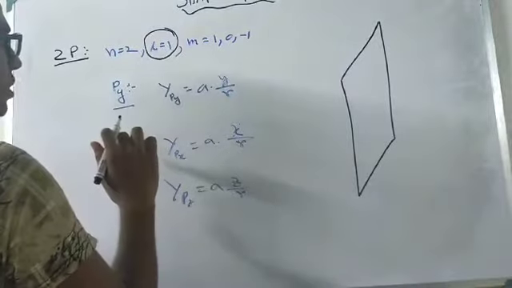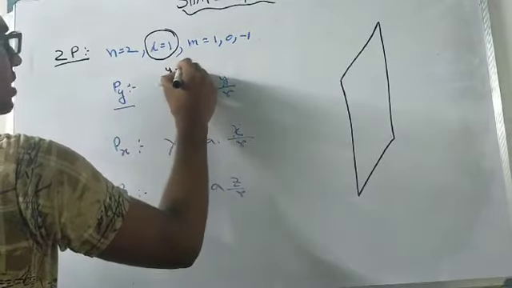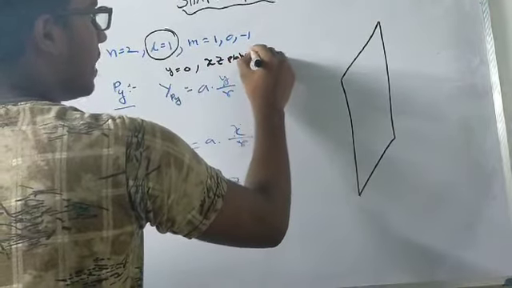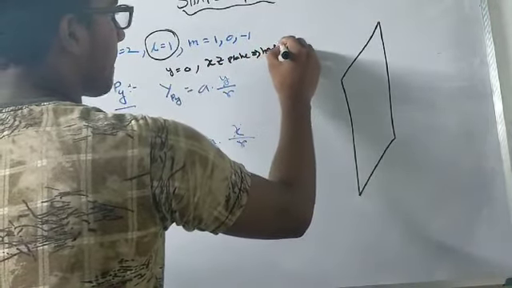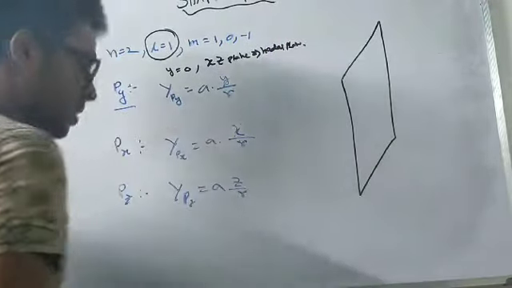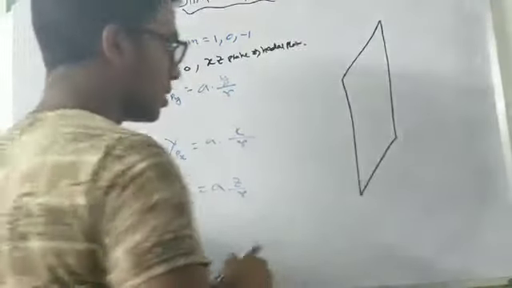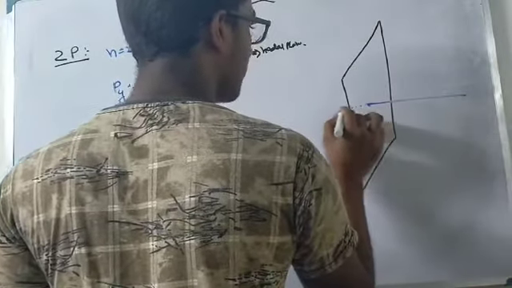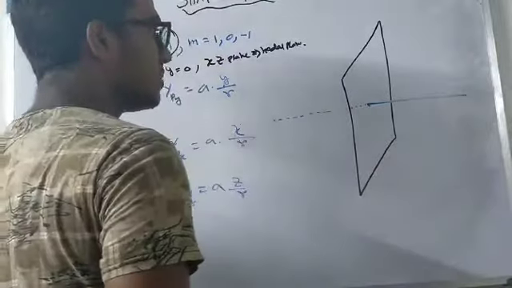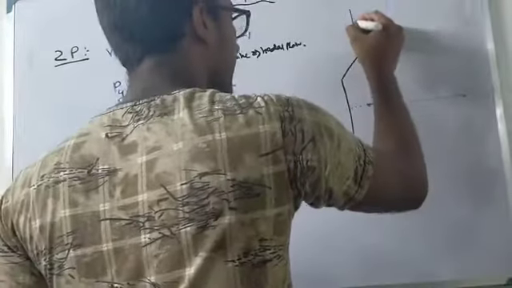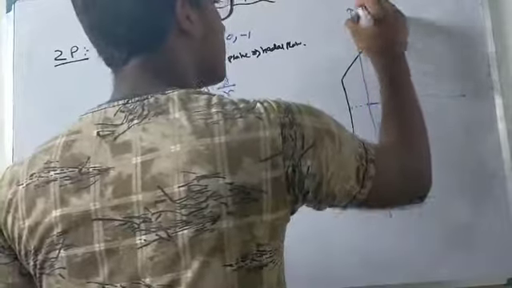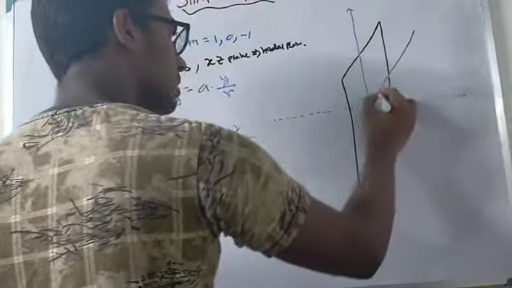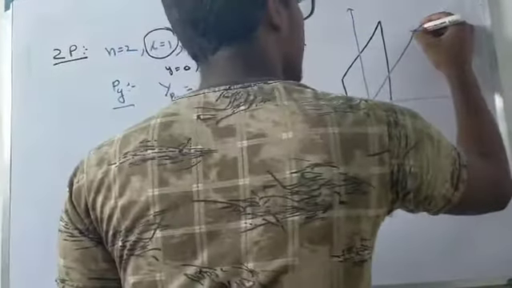Now what should be my nodal plane? If I put y equals 0, this represents the xz plane, and that is the nodal plane. This is my y direction, this is my z direction, and this is my x direction.